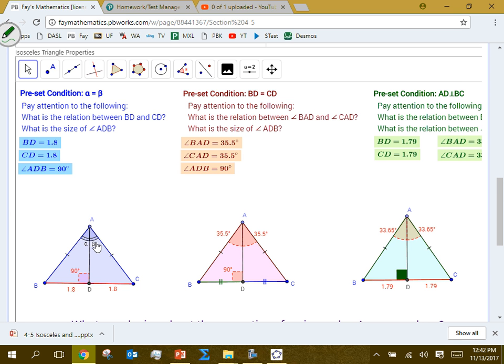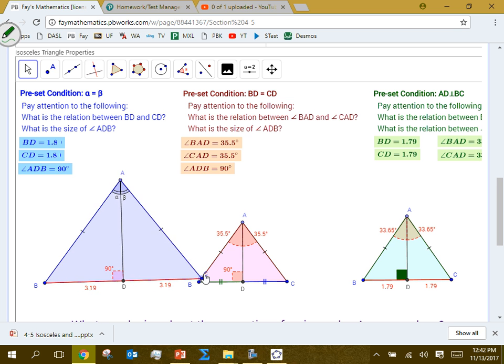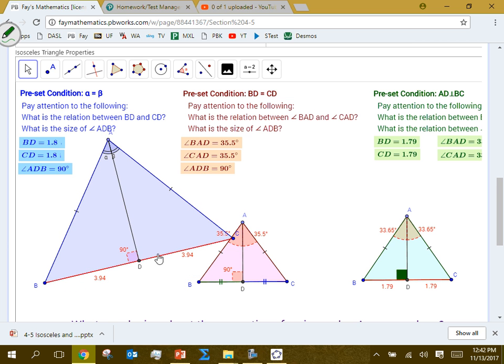So basically we're saying when you have an angle bisector of your vertex angle, alpha and beta are the same. Look at the conditions that apply. No matter what my triangle is, as long as I maintain that condition that alpha and beta are congruent, is this angle ever going to deviate away from 90? No. So it's always perpendicular.